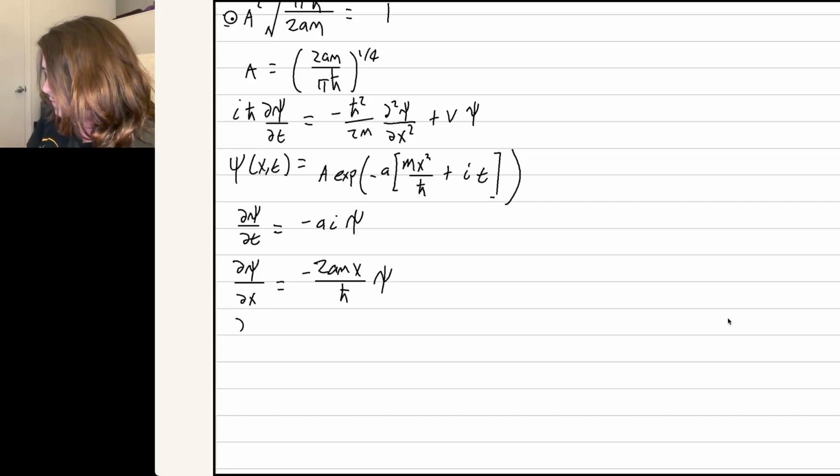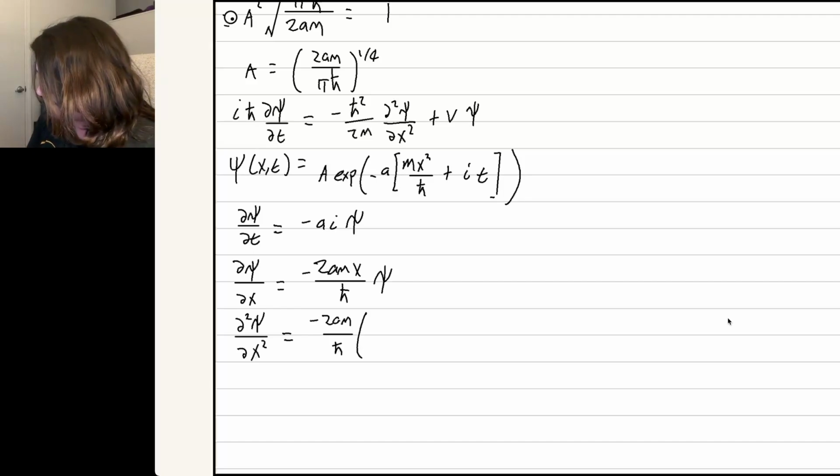Okay. Then if you take the second derivative with respect to x, you'll have to do a little bit of product rule stuff. So minus 2am over h bar. You'll have first times the derivative of the second plus second times the derivative of the first, which is just 1. We already know what the first derivative with respect to x is, so we'll just copy that down as well.